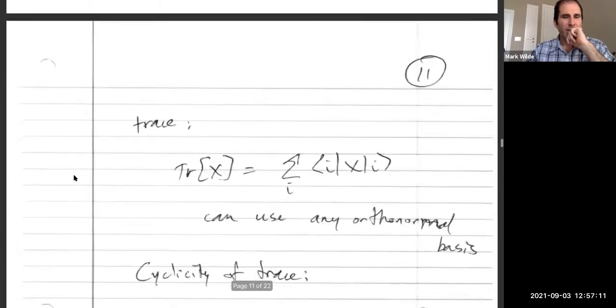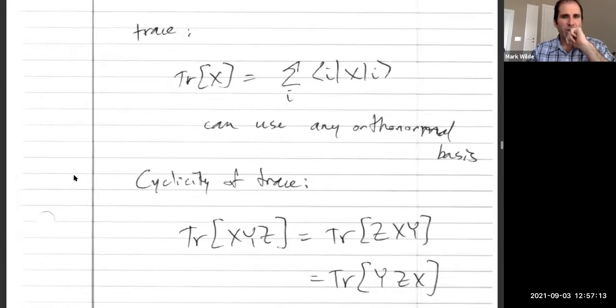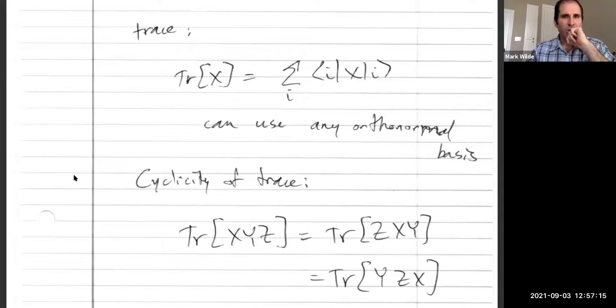Okay, moving along. So the trace of a matrix, this is an operation that we'll do quite a bit. We'll get to interpretations of what the trace is later, but I'll say a few things now. A quantum state will be an operator that has trace equal to 1.